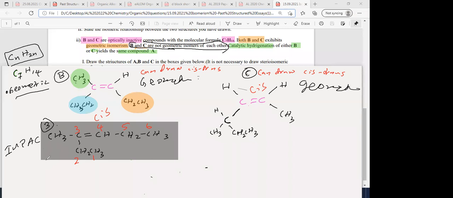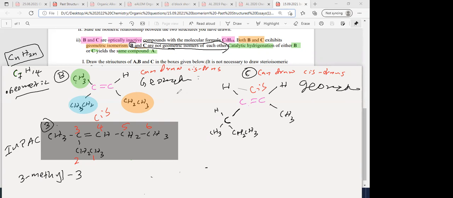What is this? 3-methyl, 3-hexene or 2-hexene? 3-methyl 3-hexene, no?